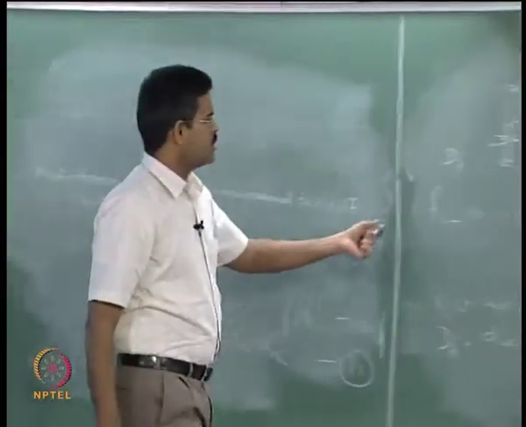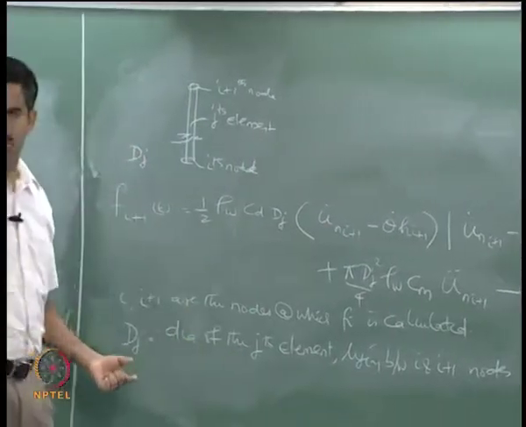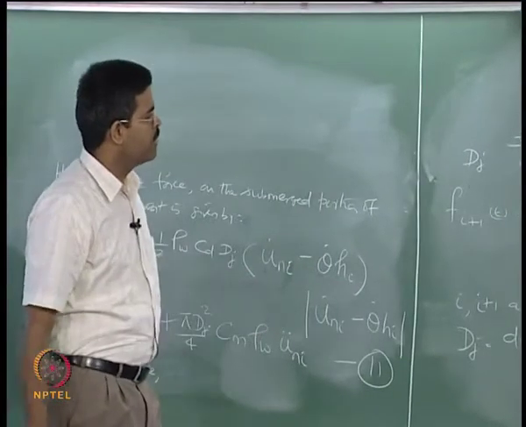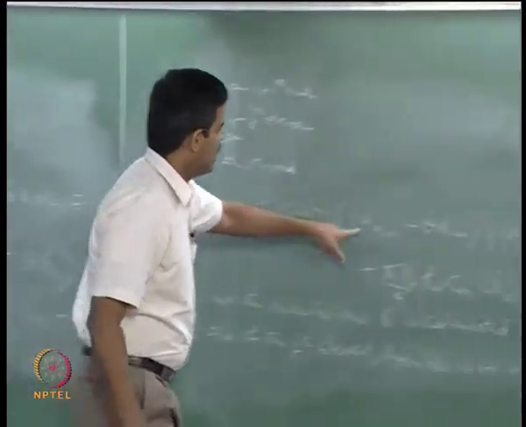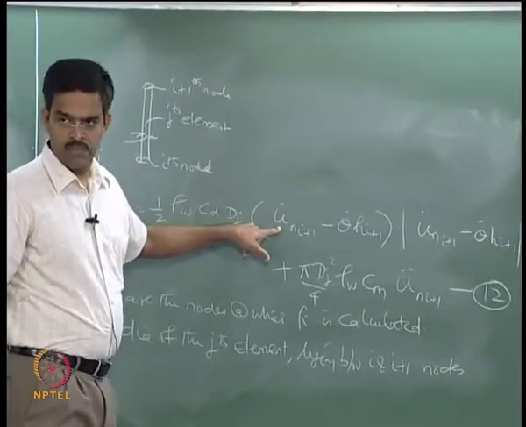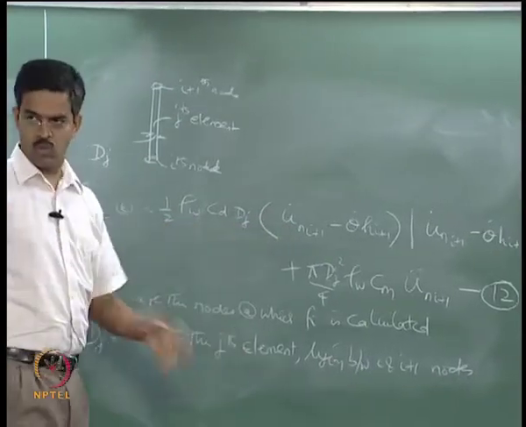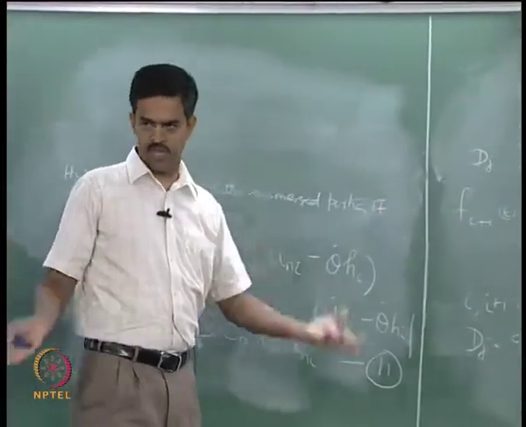Of course, rho w is the density of seawater, CD and Cm are the drag and inertia coefficients, we know them, and u dots are the water particle velocities at the ith and (i+1)th nodes, which are calculated from appropriate theory.